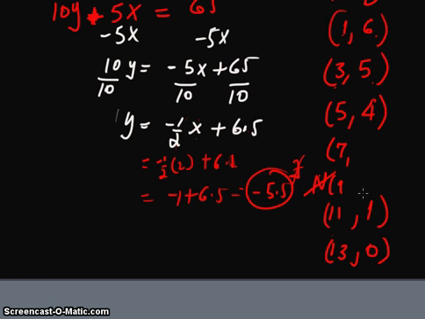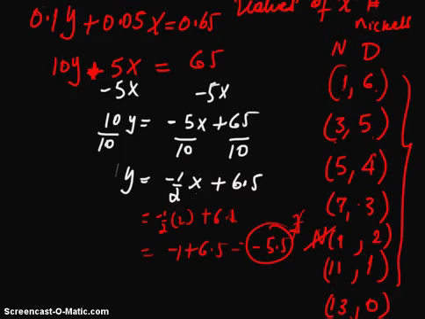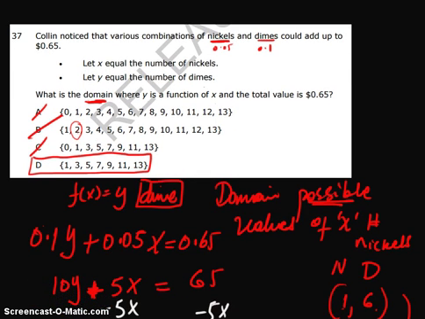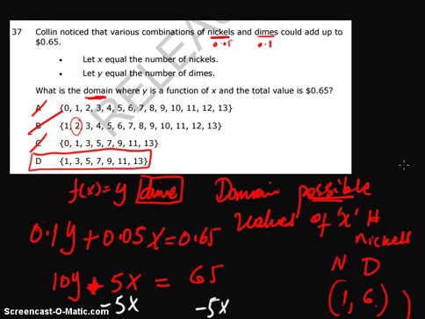So 11 nickels and 1 dime. When it comes to 9, negative 4.5 plus 6.5 gives 2. So these are the different combinations. Remember, it's all about the linear equation and finding the domain that makes this word problem valid. Based on this, the correct answer is D.